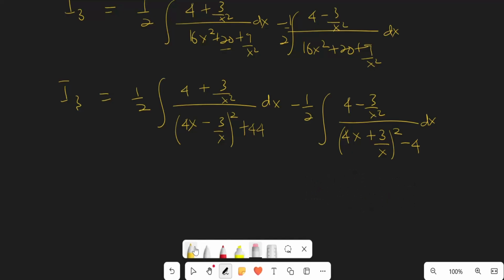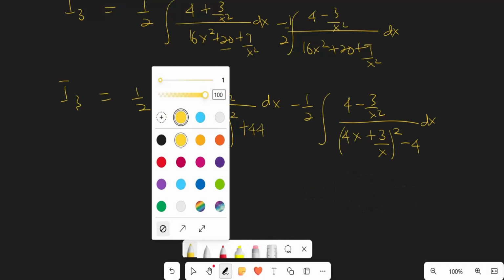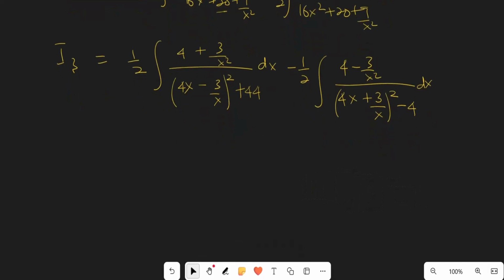Now we can recognize that the differential of 4x minus 3 over x will give you exactly the denominator here. So this one is just like the arctan integral, and the differential of 4x plus 3 over x will give you 4 minus 3 over x squared, and this one is the tan hyperbolic inverse integral.